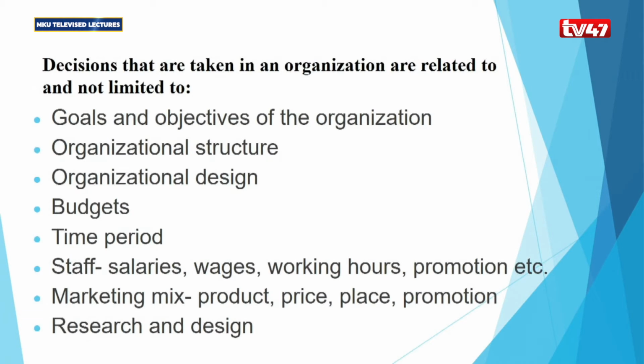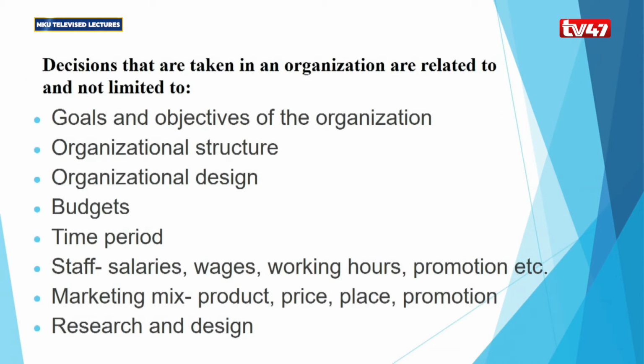We can make decisions in relation to the organizational design. We make decisions on budgets. We make decisions on time period. We make decisions on staff in regard to their salaries, wages, working hours, promotion, etc.